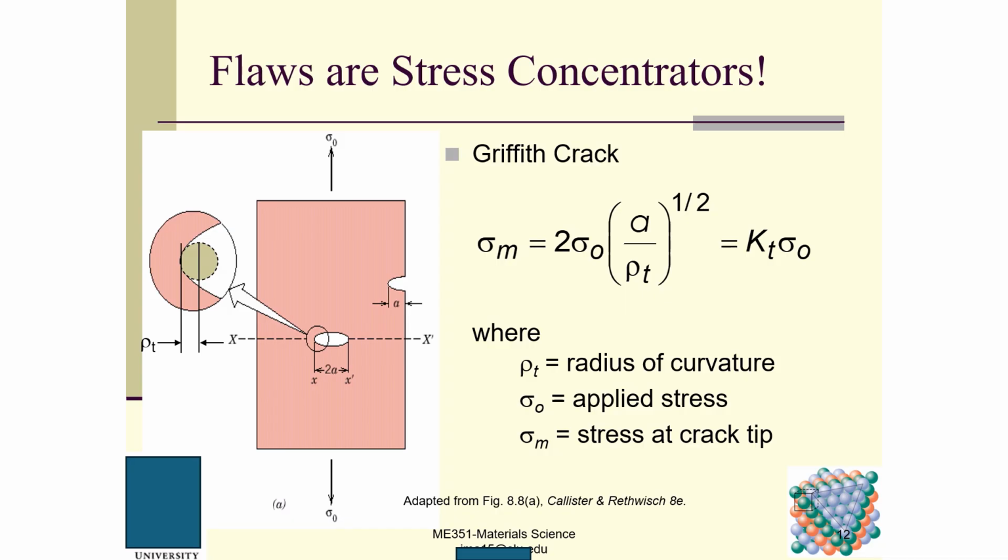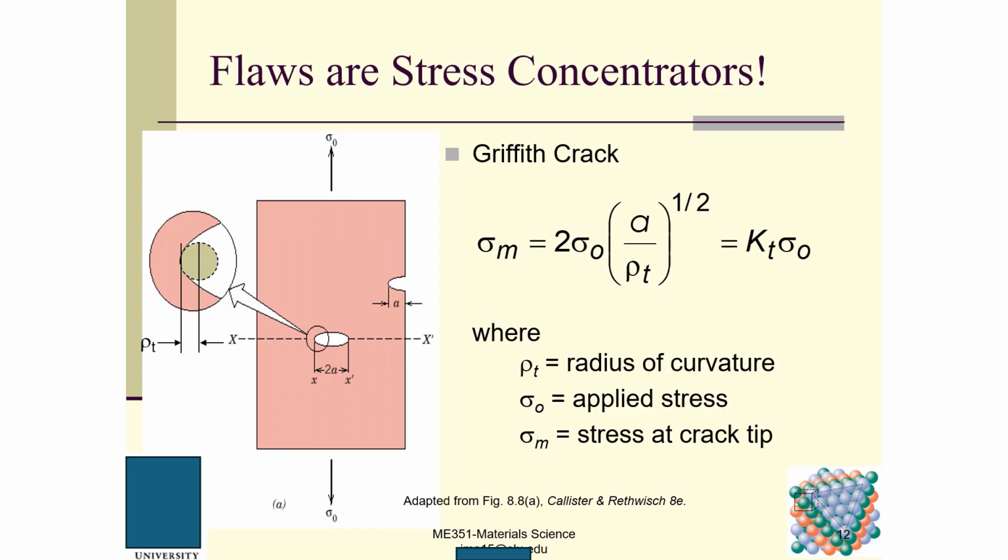Right, so here, based on the Griffith theory, sigma m equals 2 sigma 0 times the square root of a over rho t, where rho t is the radius of curvature, sigma 0 is the applied stress, and sigma m is the stress at the crack tip.